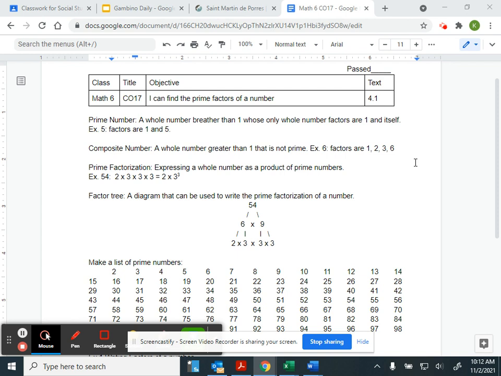A prime number is a whole number. Oh goodness, that's a spelling mistake there. A prime number. Oh my goodness. So it's definitely not breather. So let's look at our book and see what Mrs. Gambino wanted that word to be.